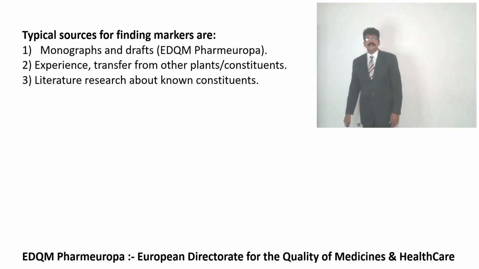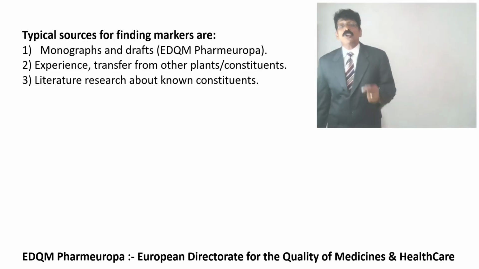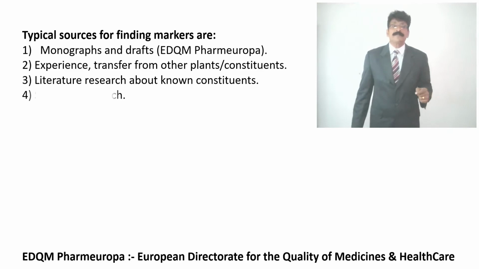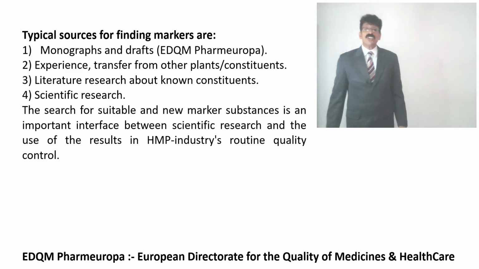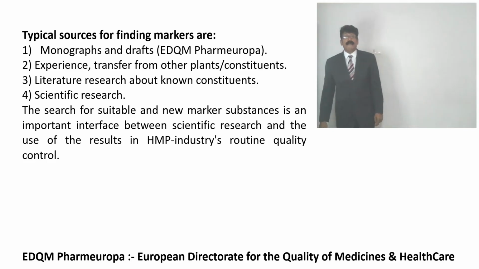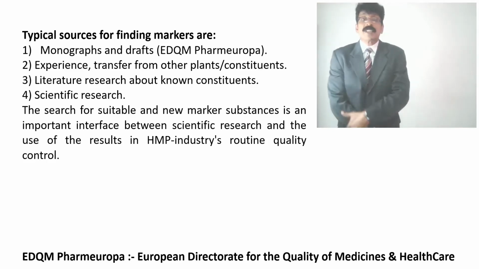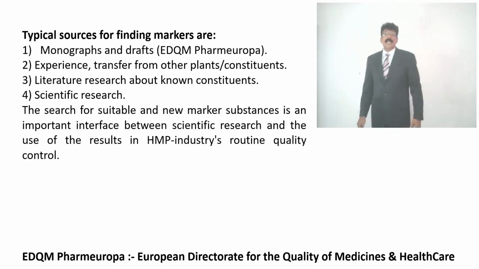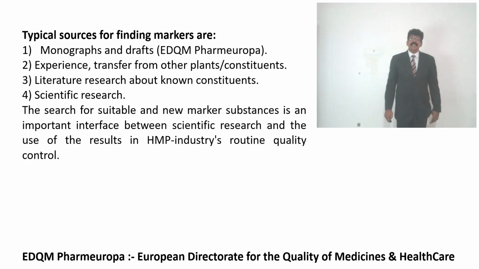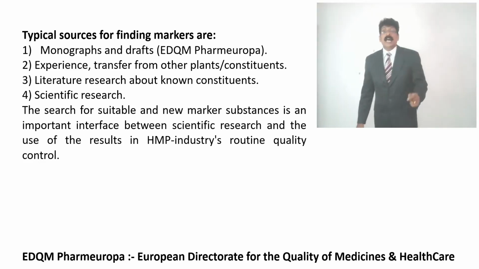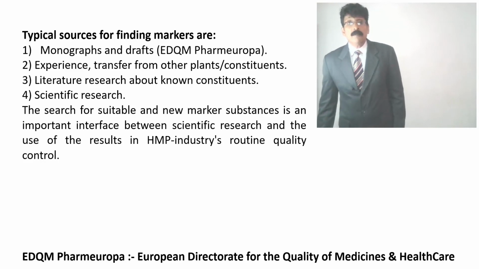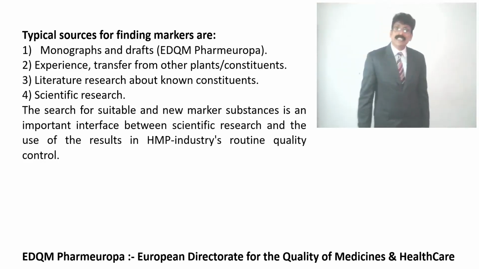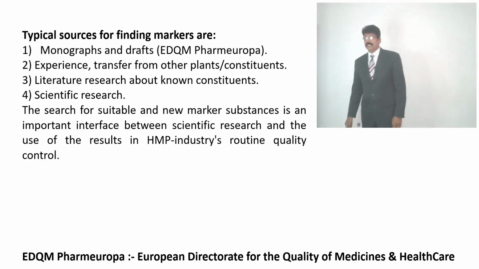Literature, research about known constituents, and scientific research: the search for suitable and new marker substances is an important interface between scientific research and the use of the result in herbal medicine product industries' routine quality control.